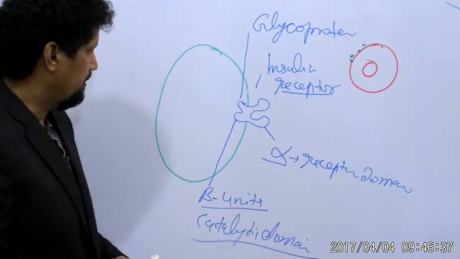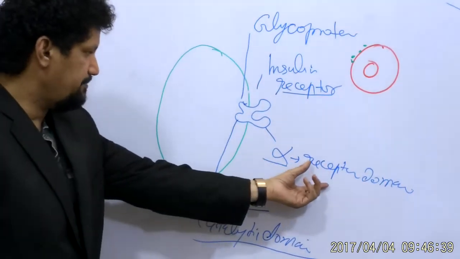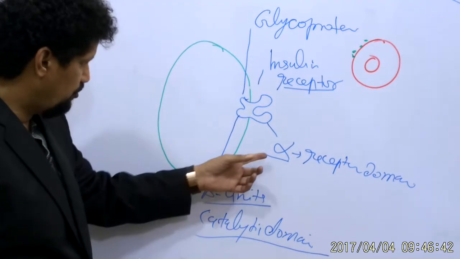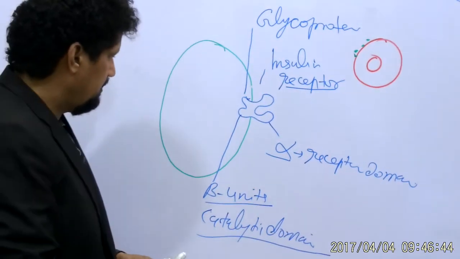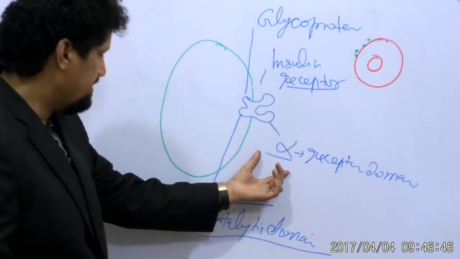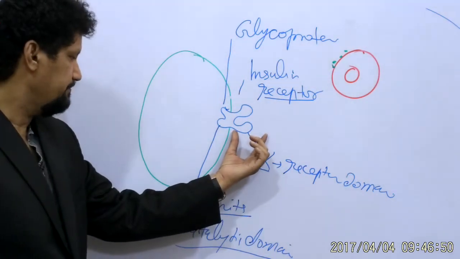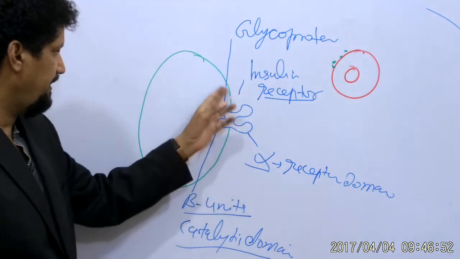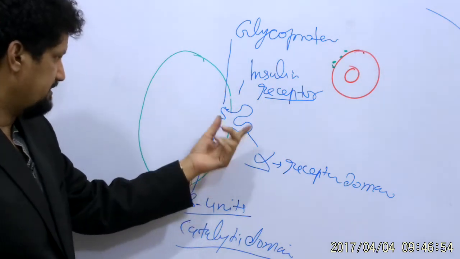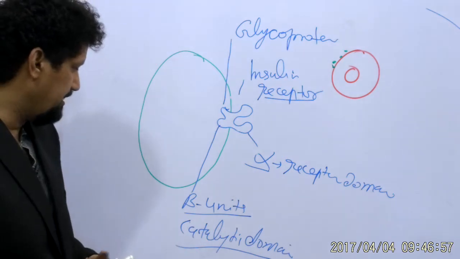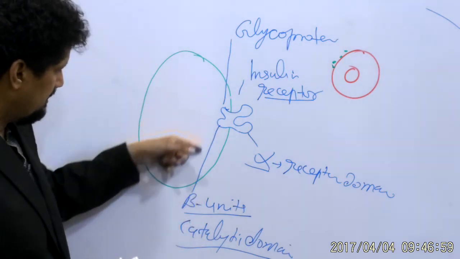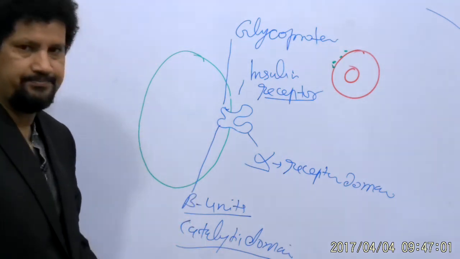So it is a glycoprotein made up of 2 alpha units and 2 beta units. The alpha units are extracellular and are seen on the surface of the cell membrane, and the 2 beta units are intracellular, and these are the catalytic domain.